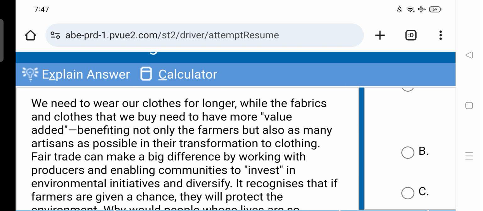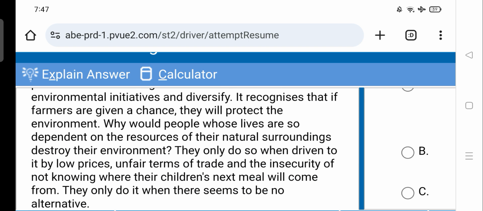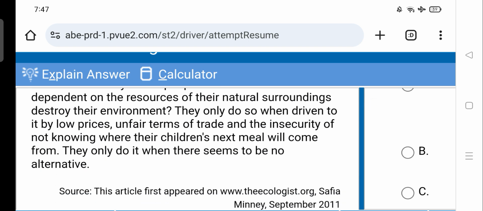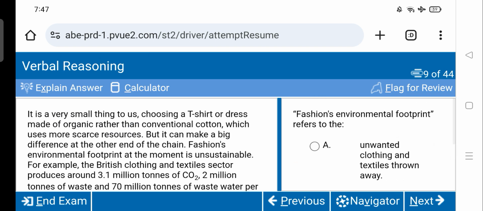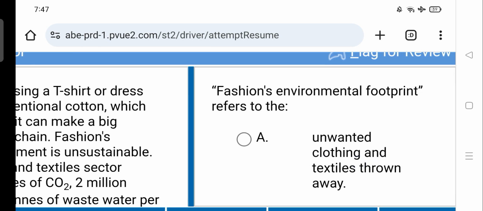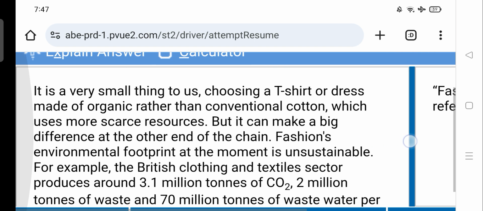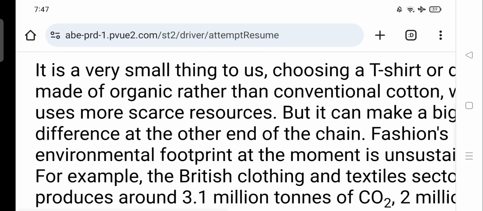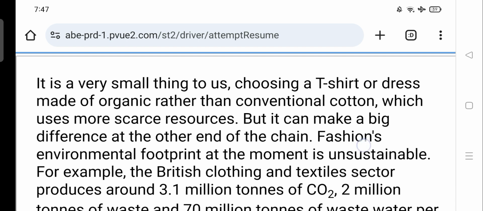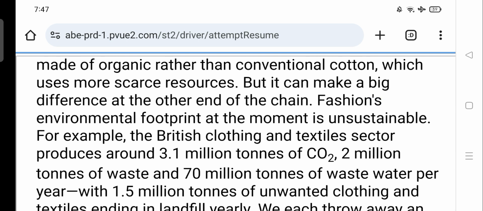We have the second paragraph, and then we have only these two passages. You can use fashion's environmental footprint as your keyword to find your answers in these passages. Here we have fashion's environmental footprint in this passage.